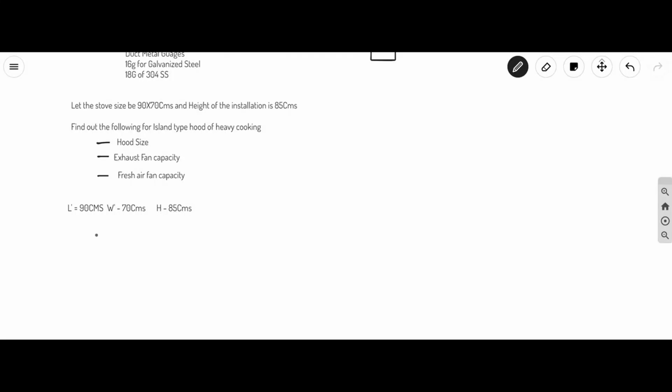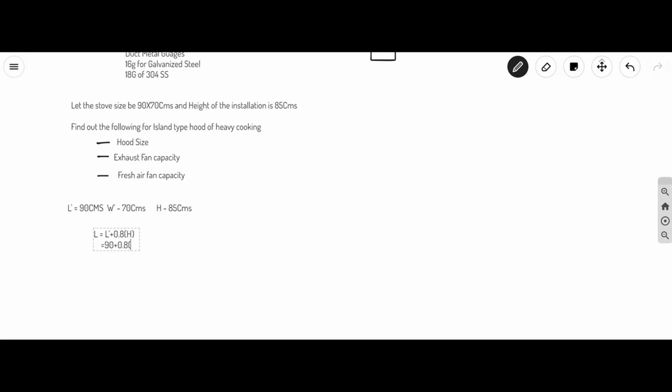L equals L dash plus 0.8 into H, right? L dash is 90 plus 0.8 into 85.